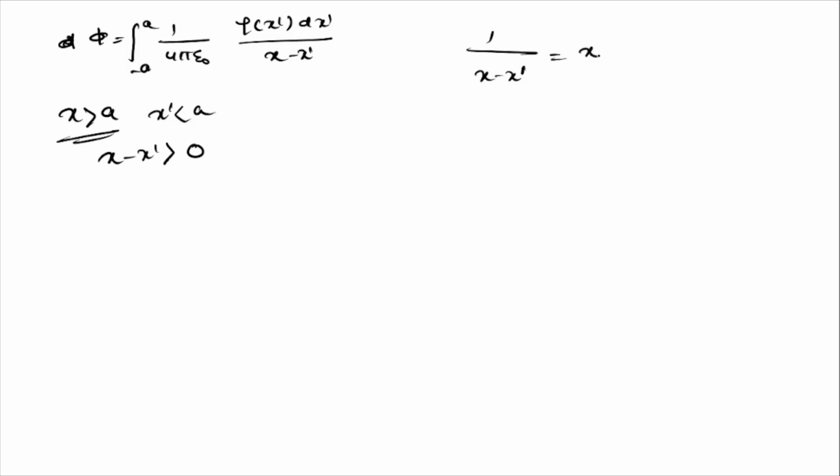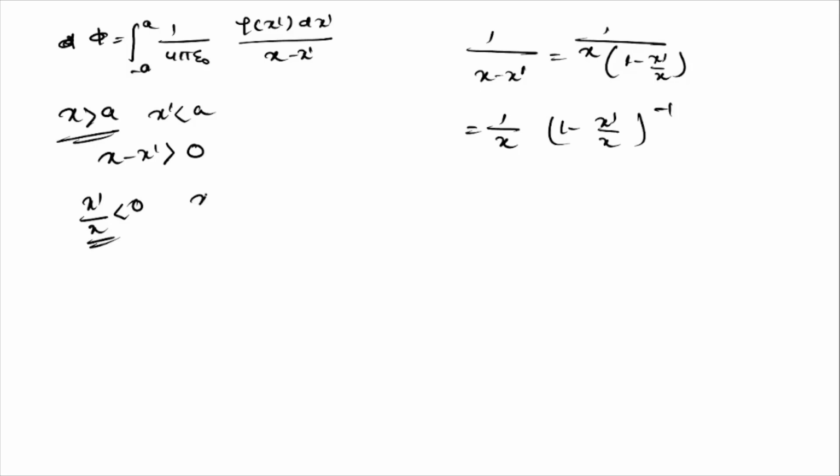So the term 1 over x minus x prime can be expanded in terms of a Taylor series as follows. I can take x common from here, so I remain with 1 over x times 1 minus x prime over x to the power minus 1. Now x prime over x is always less than 1 because x is greater than x prime. So we know the Taylor series of 1 minus a to the power minus 1 is equal to 1 plus a plus a square plus a cube and so on. Comparing, this becomes 1 plus x prime over x plus x prime over x whole squared plus so on.